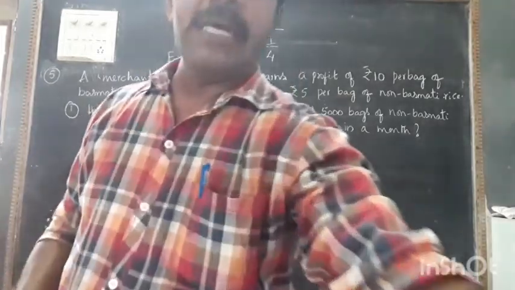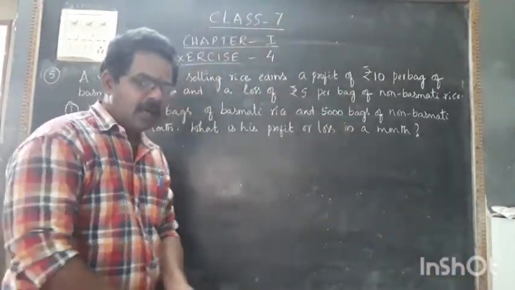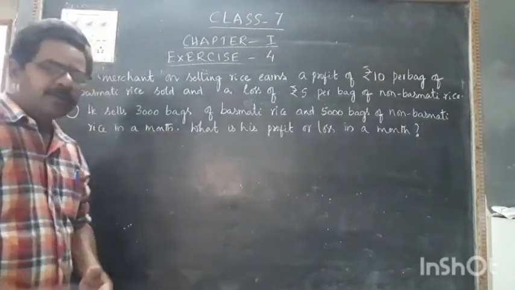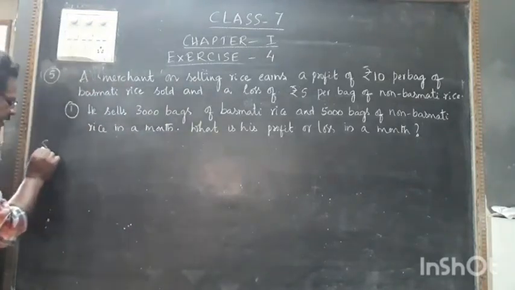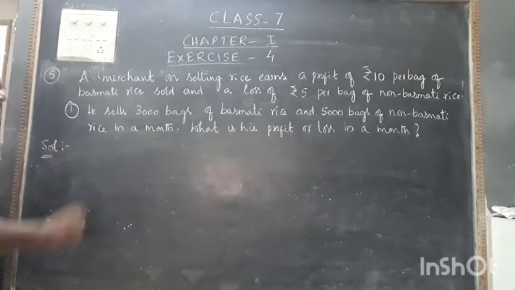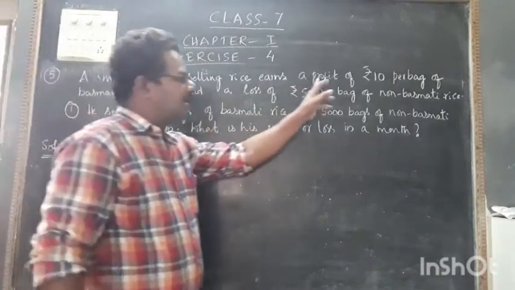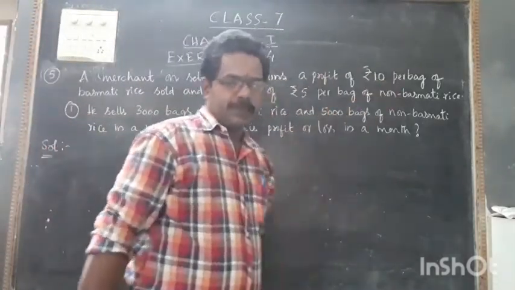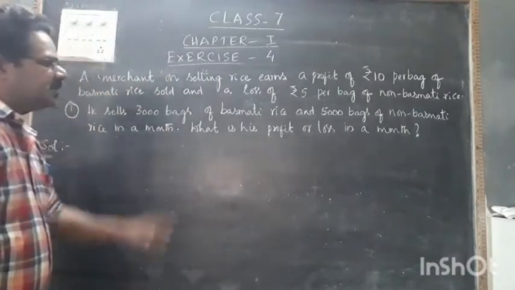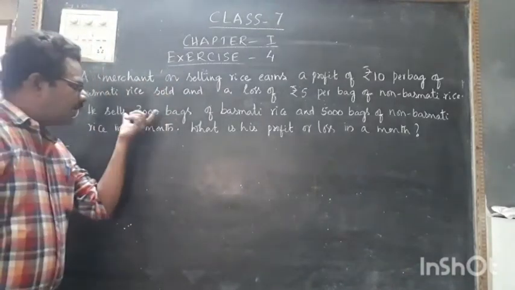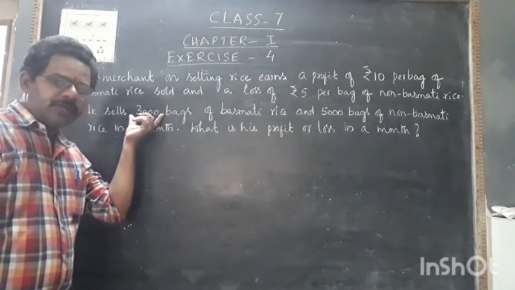So whether he is getting the profit or the loss in that month, that we have to find out. Okay, for this solution we will do profit on each basmati rice bag is equal to 10 rupees. Total number of bags sold in the month is equal to 3,000.